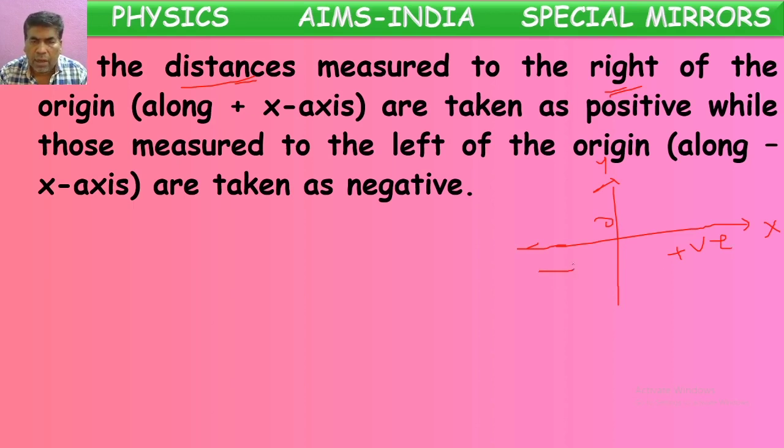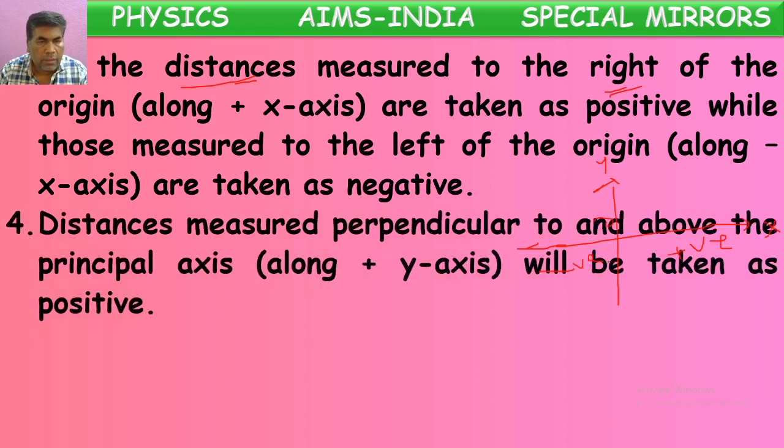Left of the origin is negative. Next, if I take the y-axis, heights above the principal axis are taken positive. Below the principal axis, values will be taken negative.